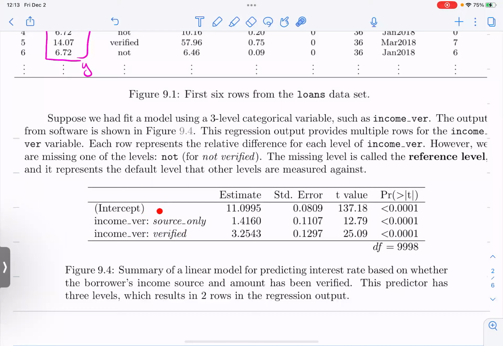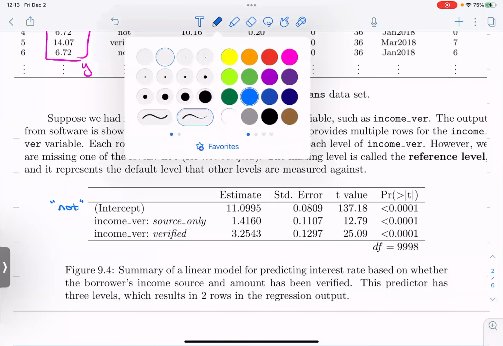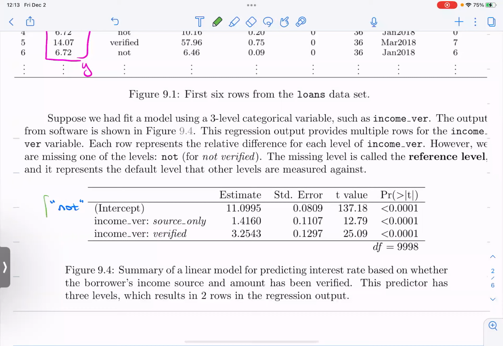So I know that this intercept is really a placeholder for the not verified category. Each of these options either is source only or is not.